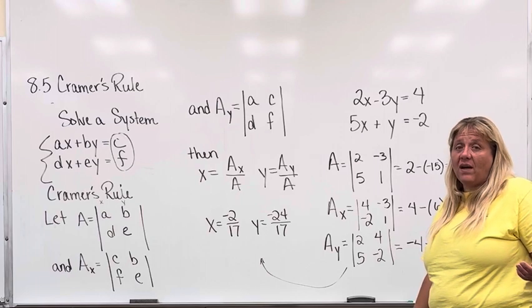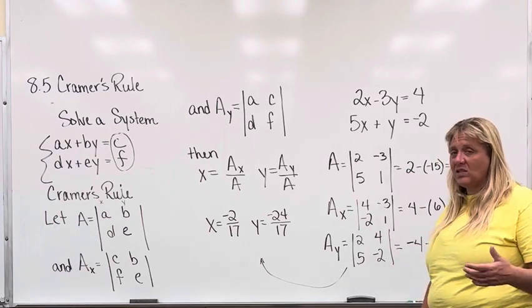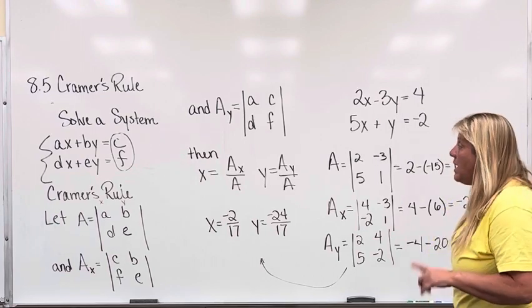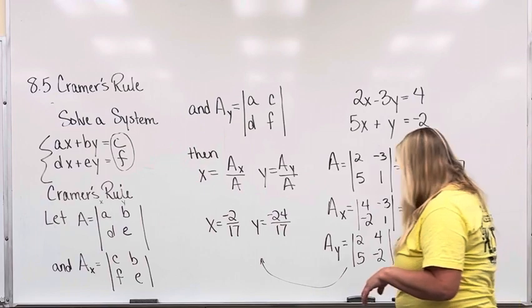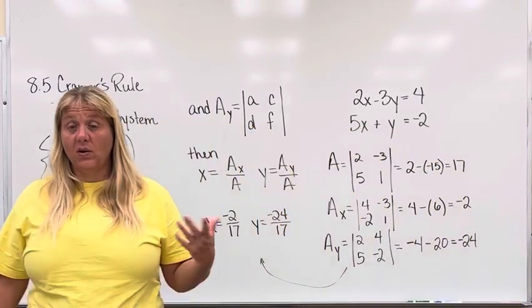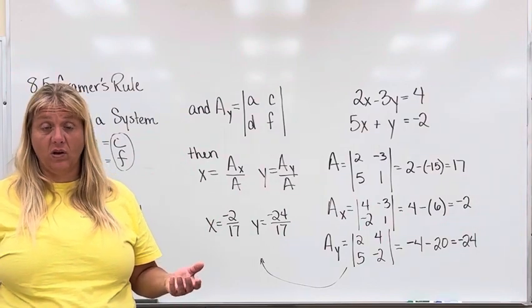And you don't always know that from the beginning, but if you like Cramer's rule, it makes your life a lot easier if there are fractions. Now, Cramer's rule can work exactly the same when you have a bigger matrix, when you have a bigger system, so a 3-variable system of equations.